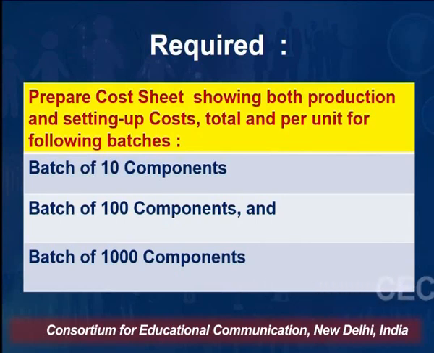If you increase the size from 10 to 100, what will be your cost, and eventually from 100 to 1000? It helps the management accountant get a comparative outlook of which batch quantity is going to be beneficial. That is basically for decision making.